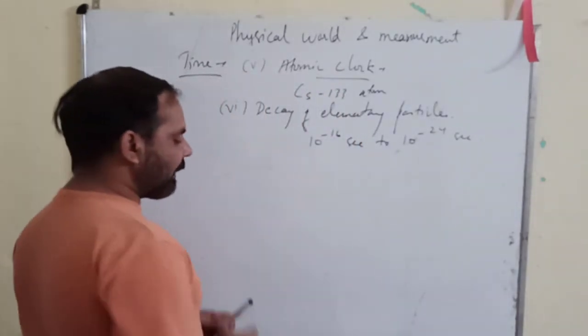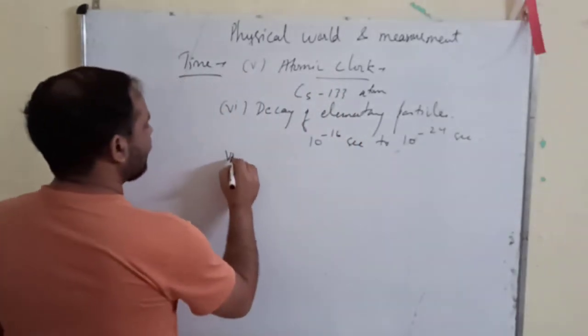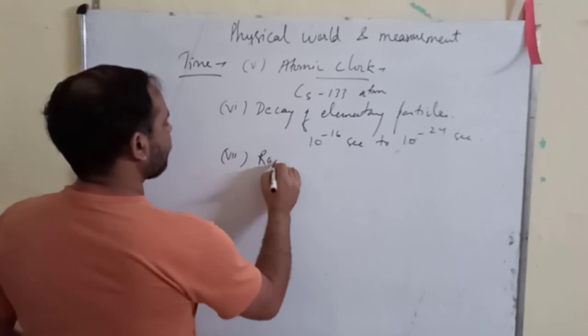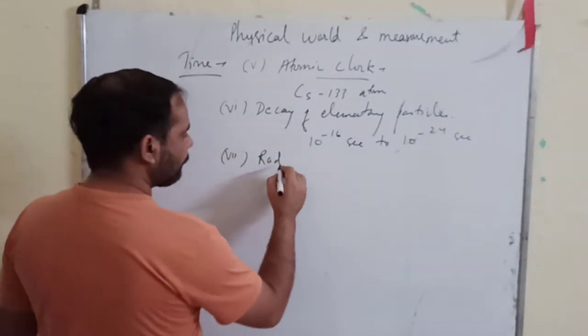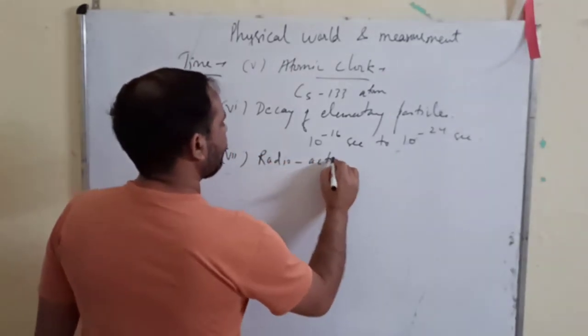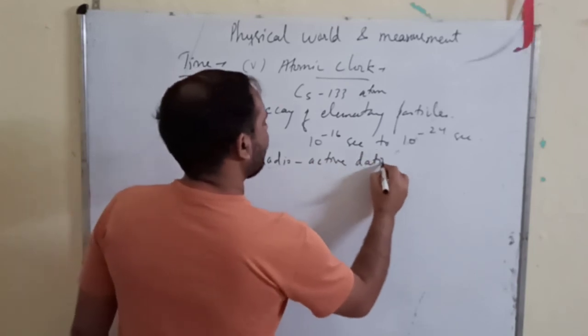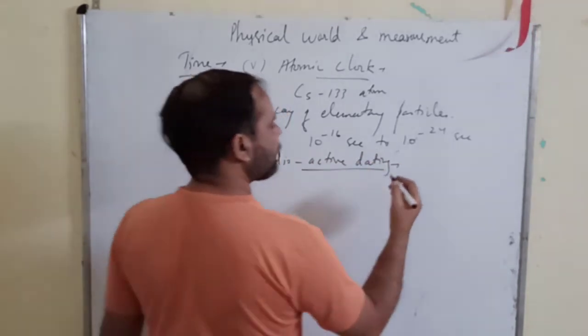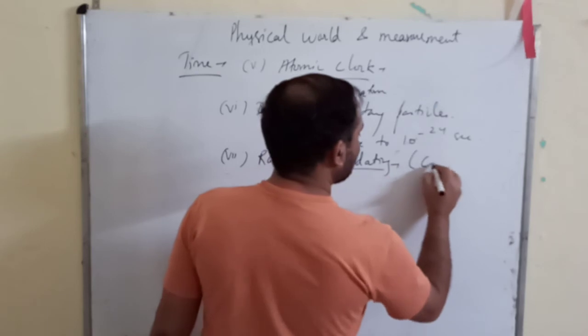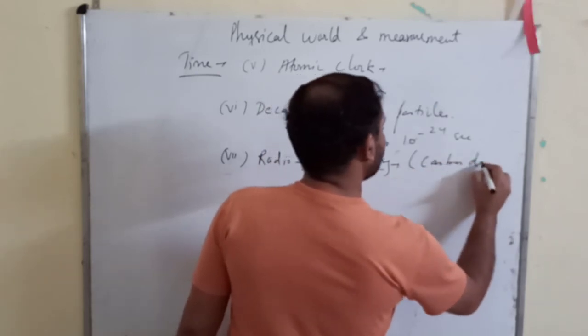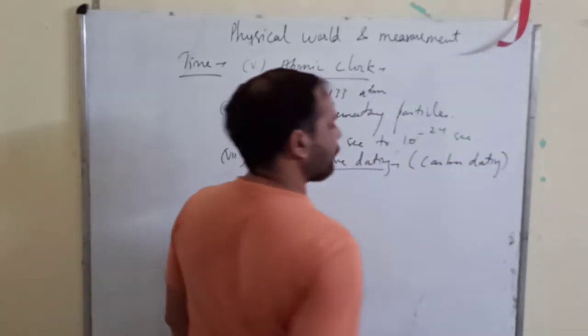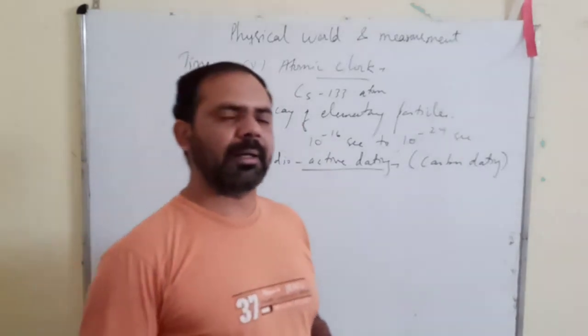There is one more method to measure the time, and that is radioactive dating, which you must know as carbon dating. It is used to measure a long interval of time.